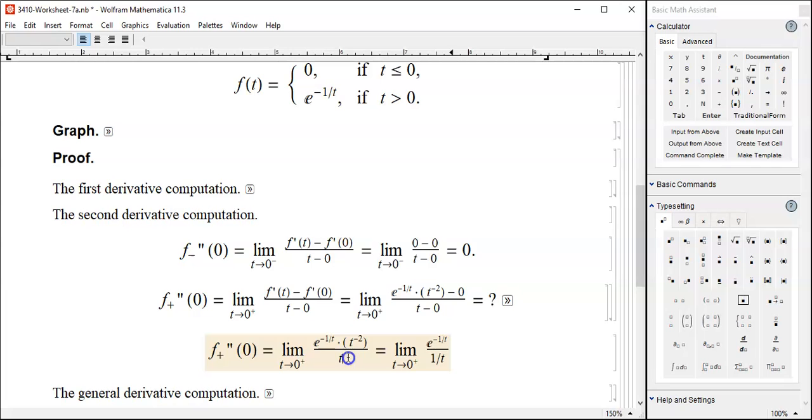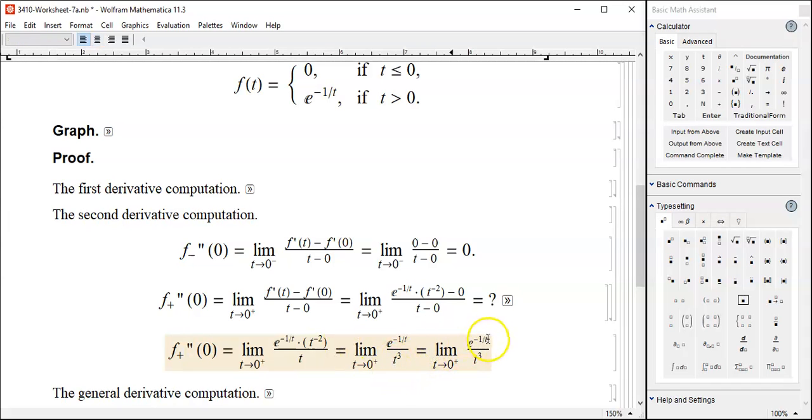We multiply t and then, oh no, excuse me, it's t squared. Negative second power, bring it down. This is a derivative computation. Okay, and then we use the change of variable, you see.